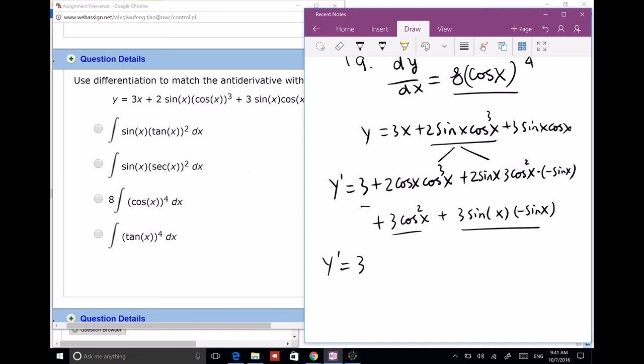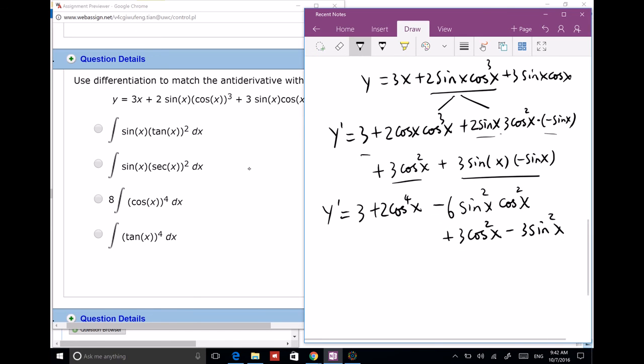3 plus 2 cosine x power 4 plus, this is 2 sine, 2 times 6 is 6, 2 times 3 is 6, 6 sine x squared cosine x squared, and I have a negative here. Okay, and plus 3 cosine x squared minus 3 sine x squared.